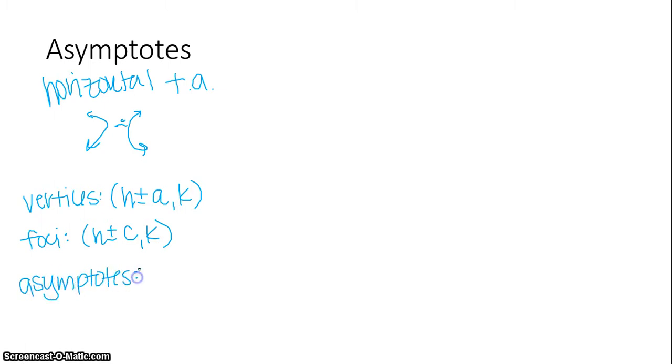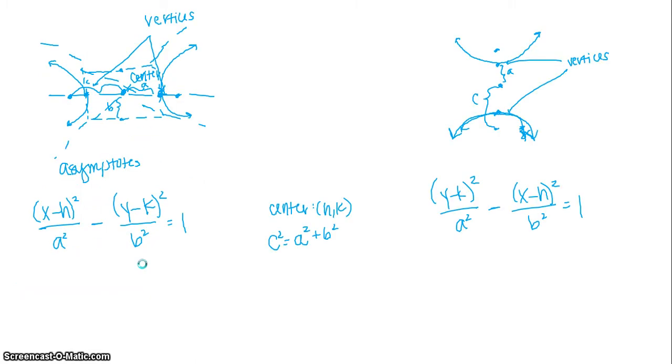And then for your asymptotes, it's going to be a formula because those are lines. I'm actually going to look back at this previous slide. If I look at this first one where I drew my asymptotes, the slope of this line here, rise over run, would be b over a. And same here, b over a. This one would be negative.